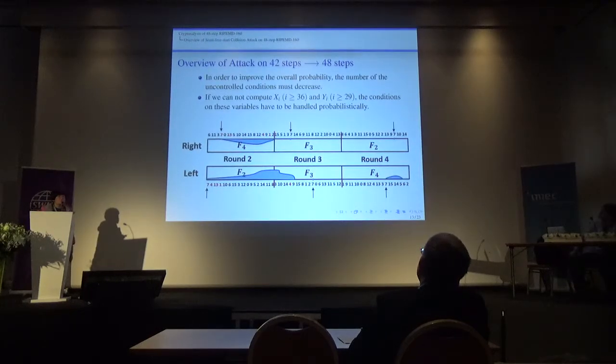In order to improve the overall probability, the number of uncontrolled conditions must be decreased. So we have to compute some bits of these chaining variables.